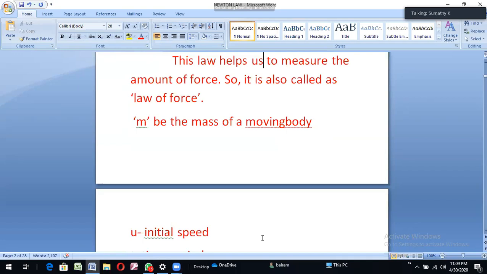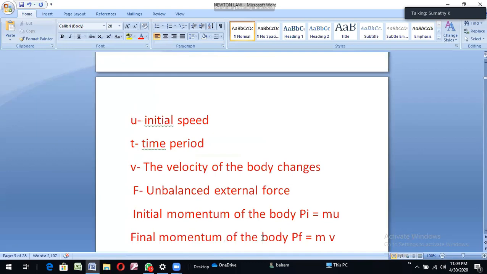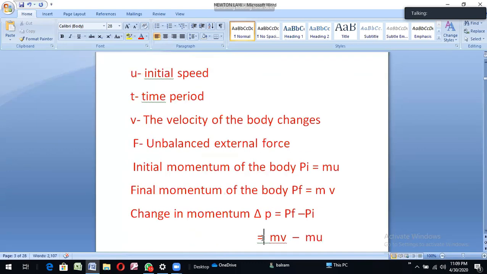Let m be the mass of the moving body, u the initial speed, t the time period, and v the velocity after the change. F is the unbalanced external force. The initial momentum of the body, Pi, is equal to mu.